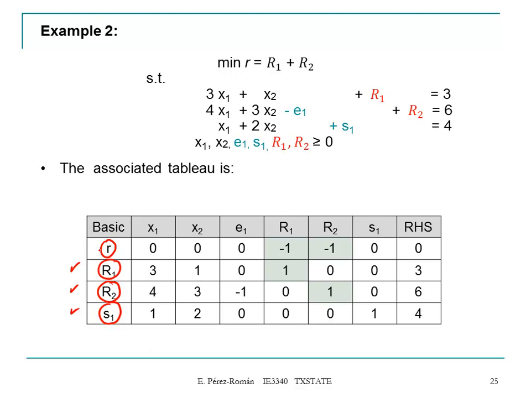Now the problem is R1 and R2 are part of our basic solution, but we see that in the tableau those two variables are not 0 in the objective function. So in order to proceed with the phase 1 iterations of the simplex method, first we need to make those two values 0.